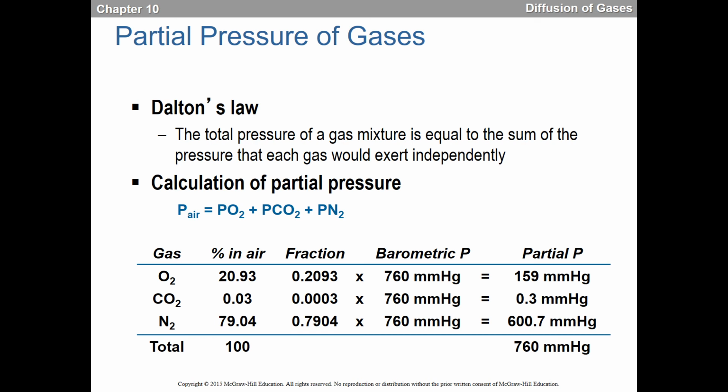Those always have the same fraction, and we can calculate their overall amount, really the number of particles of that in the air, based upon the fraction we know and the barometric pressure we know.